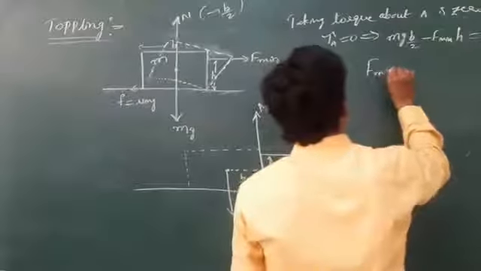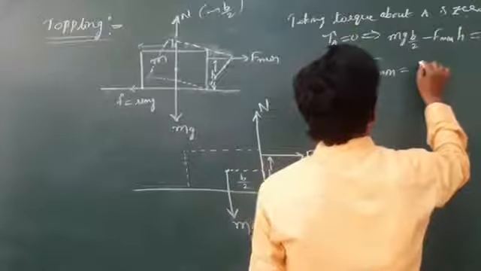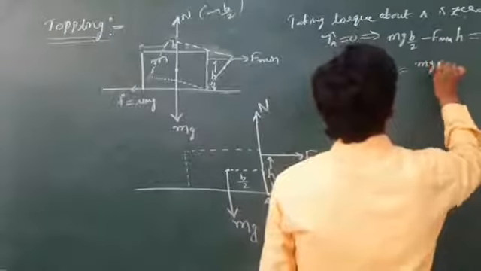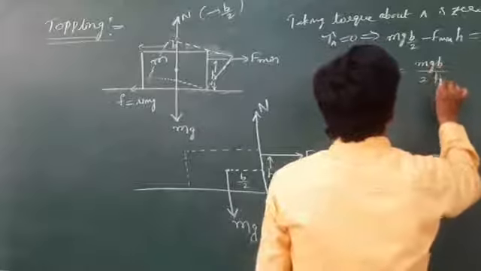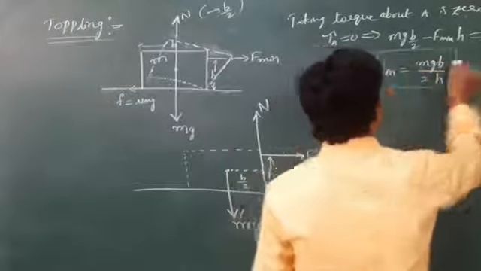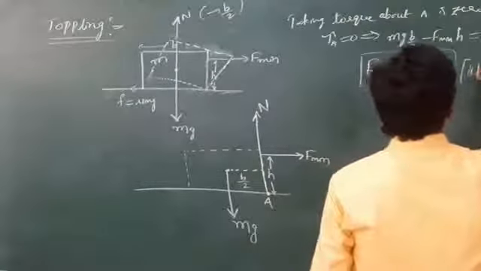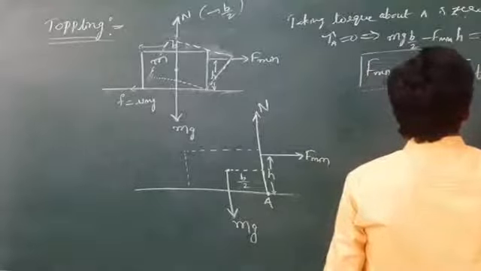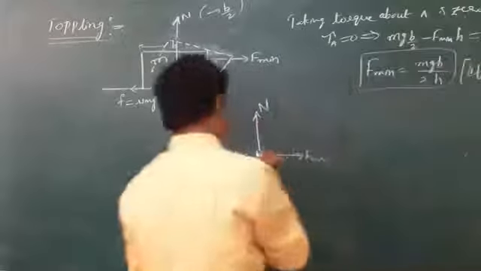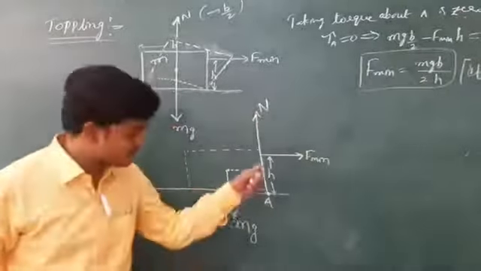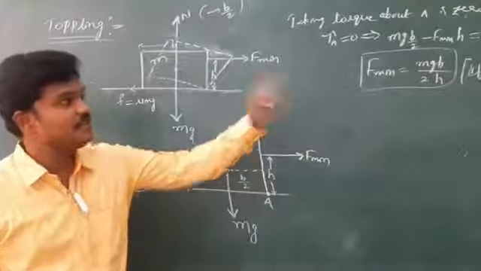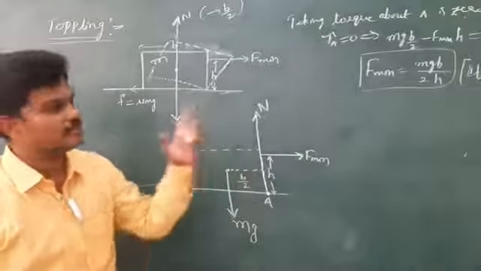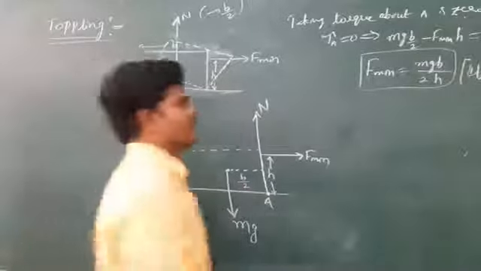Therefore, we are getting the minimum force for toppling. So minimum force is mgb by 2h, and this is the minimum force if h is constant. If you know the height at which you are applying the force, that is if h is constant, then we can find the minimum force for toppling.